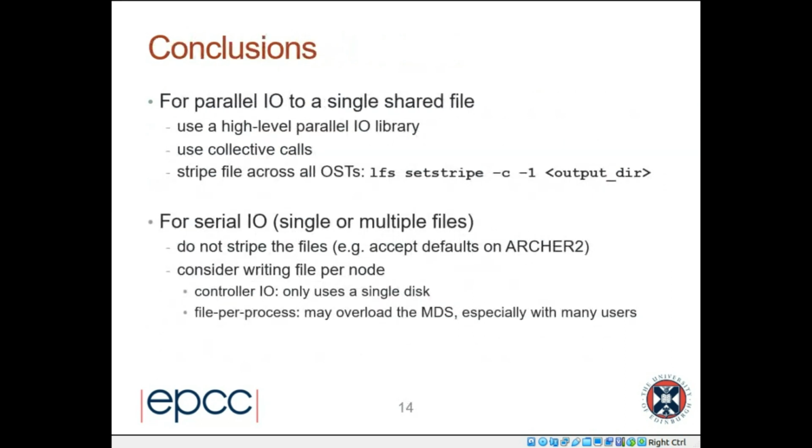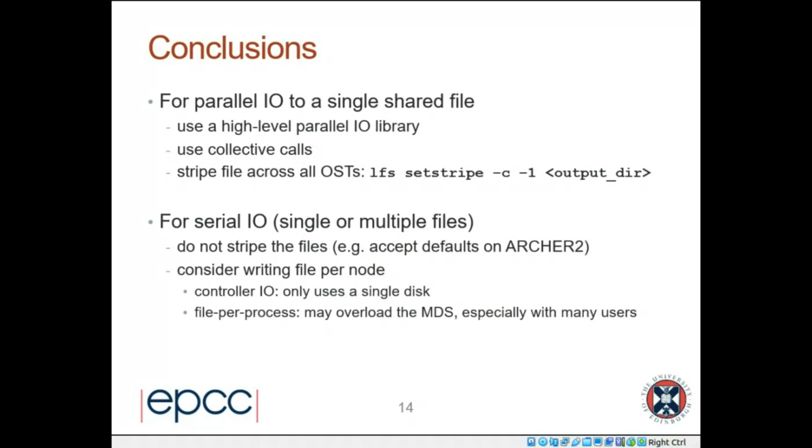The conclusions for parallel I/O to a single shared file: use a high-level parallel I/O library, MPI-IO, HDF5, or one of these other ones. Use collective calls and stripe the file across all OSTs. For serial I/O, which could be controller I/O, with single or multiple files, don't stripe the files, except the defaults on ARCHER2, but consider possibly writing a file per node.